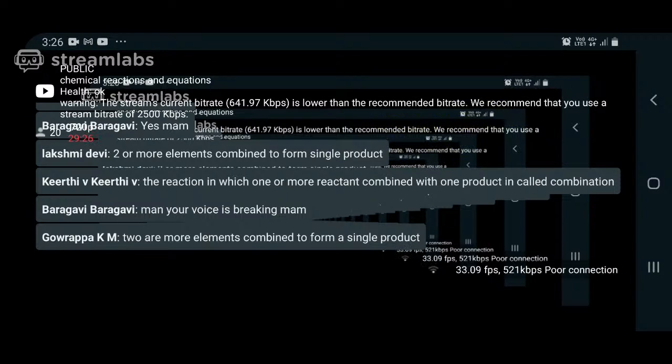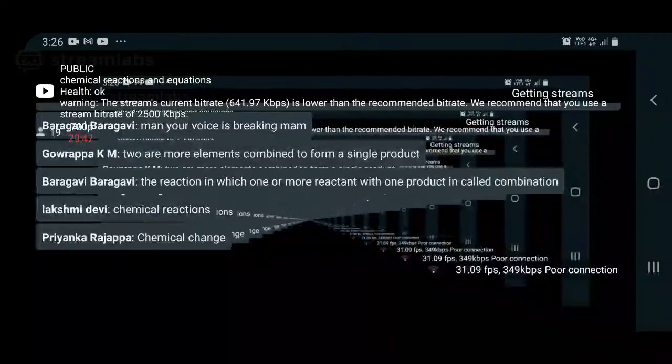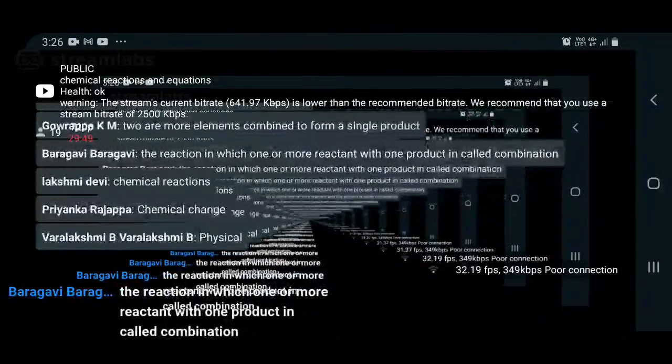Now what kind of reaction is this? Is it chemical or physical? I am waiting for your reply. Now, is the given example a physical change or a chemical change?